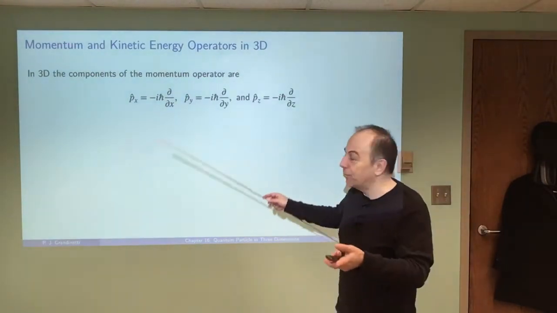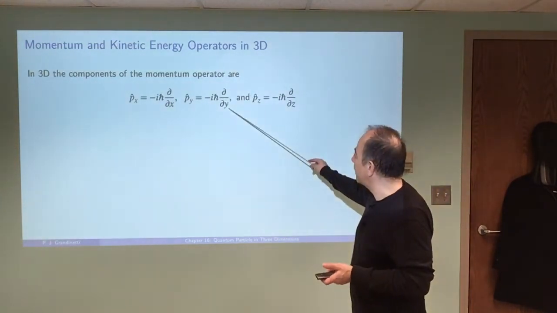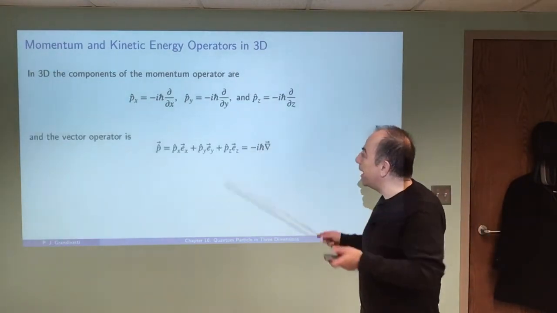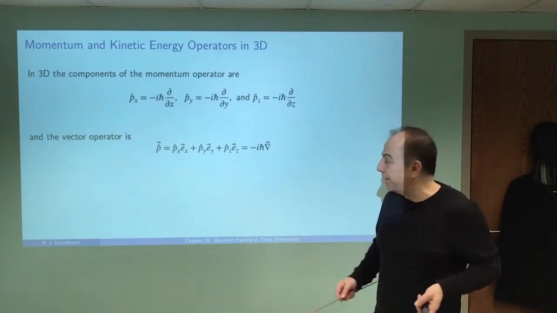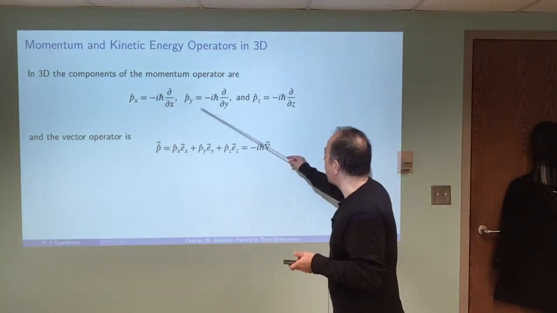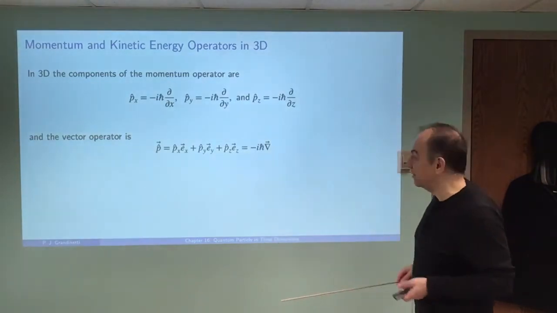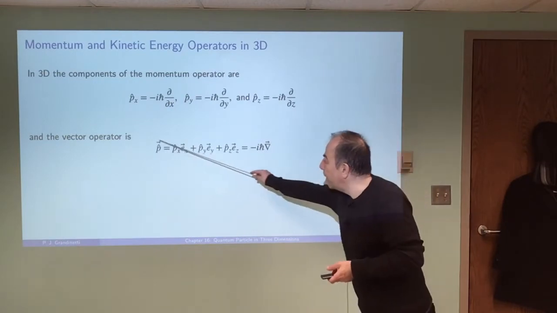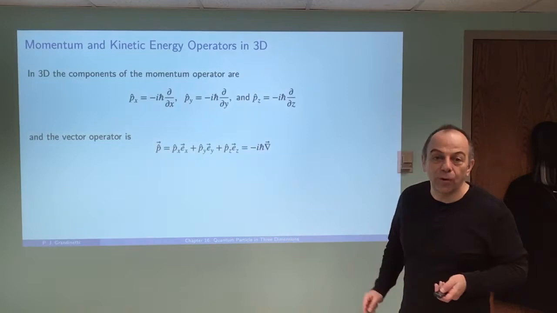Additionally, we're going to have Py and Pz, which have their corresponding partial with respect to y and partial with respect to z. The momentum operator is now a momentum vector operator, so we need to take all of those components and multiply them times the unit vectors along the directions x, y, and z. When you do that, the momentum vector operator becomes minus i h bar times the gradient operator.